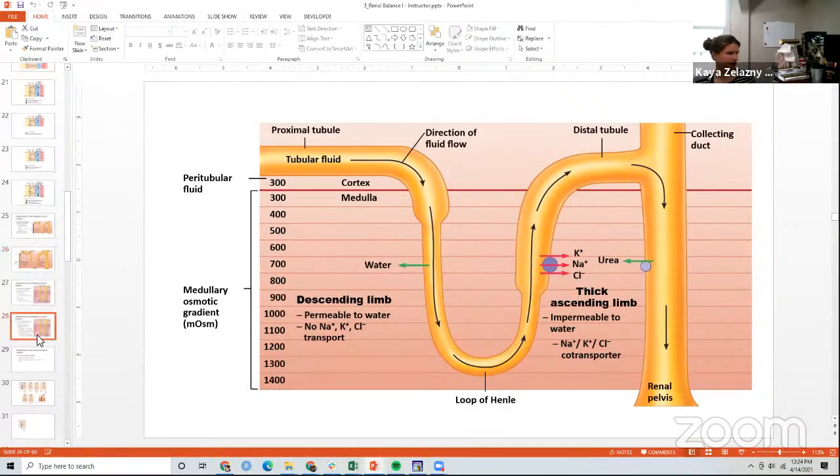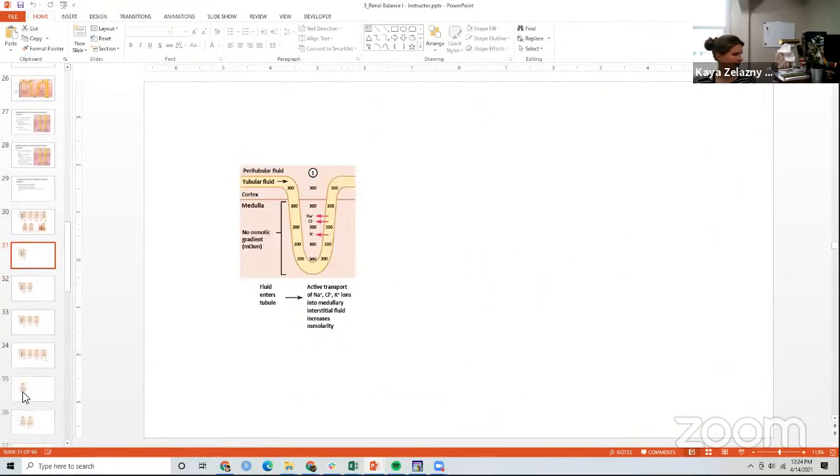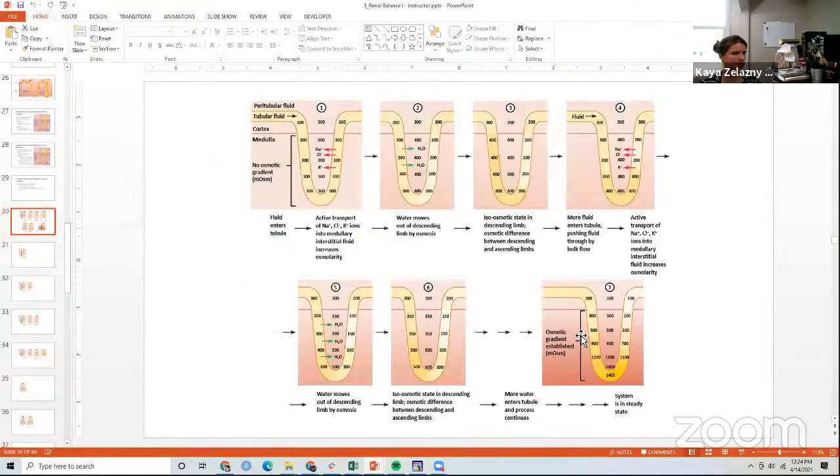But I think you might be asking about these specific numbers, like when we went through them here. Okay, so this was just for the setup. Ultimately what we're trying to understand, sorry, I'm trying to be careful with my words, are these differences in the concentration of our filtrate that's becoming urine as we go through this loop.